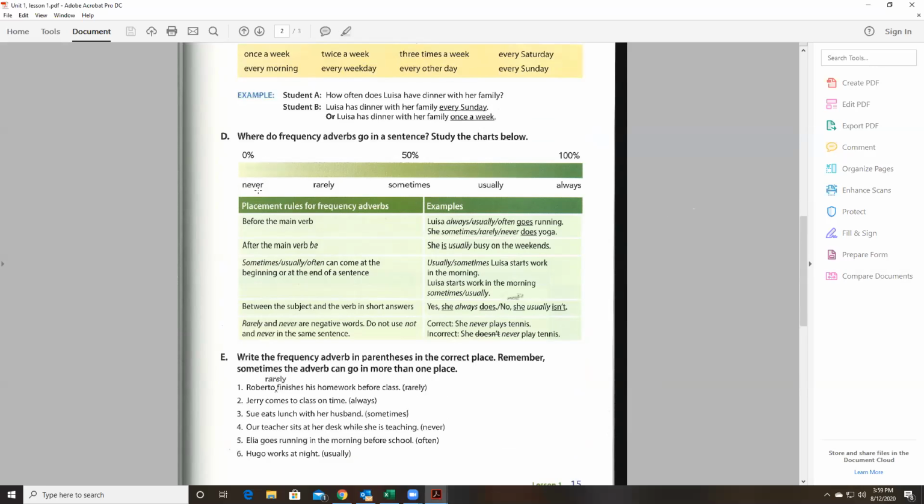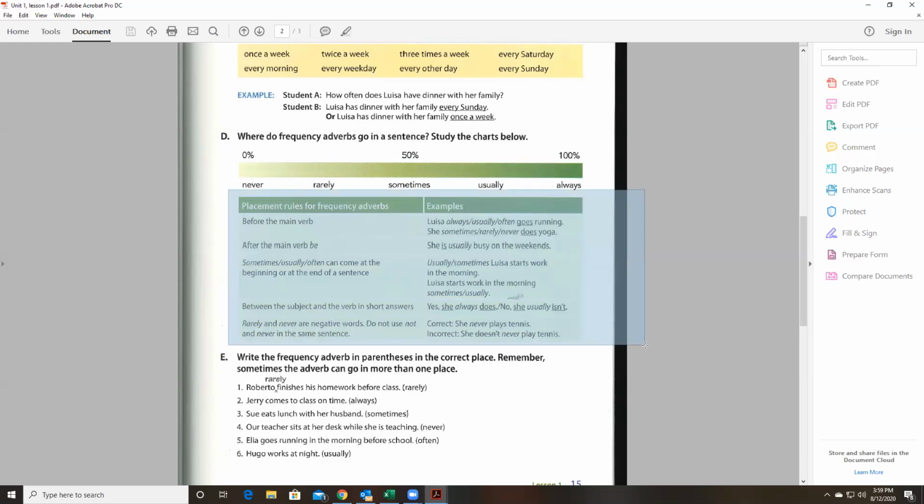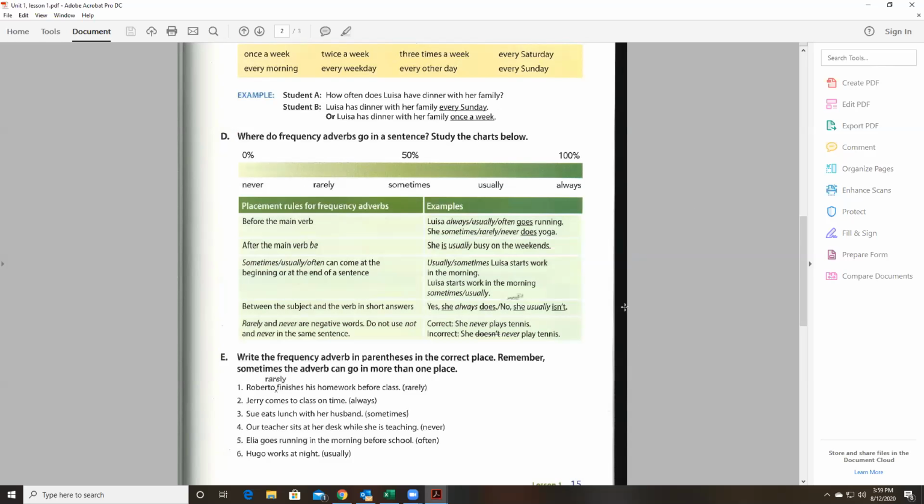Never, nunca, rarely, raramente, sometimes, a veces, usually, a menudo, and always, siempre. So the question is, how do you know where to put them in the sentence? ¿Dónde los pones? So for example, placement rules, las reglas for frequency adverbs.